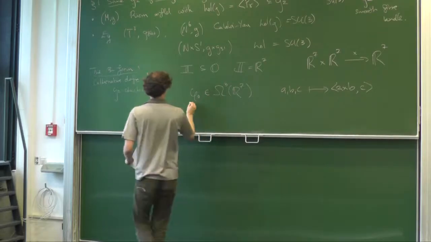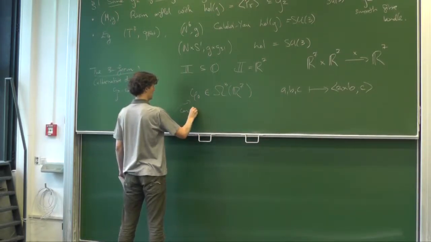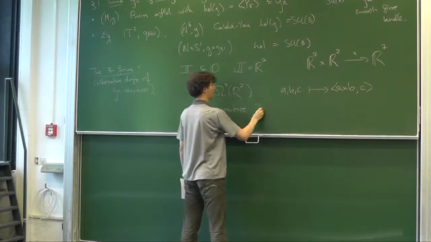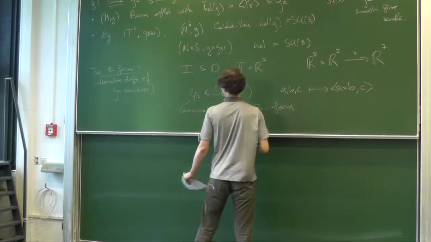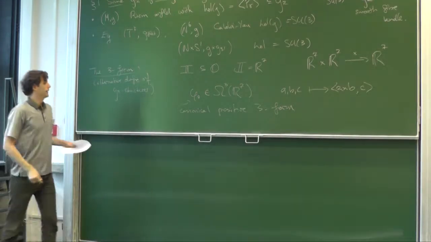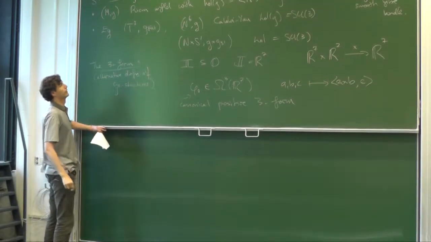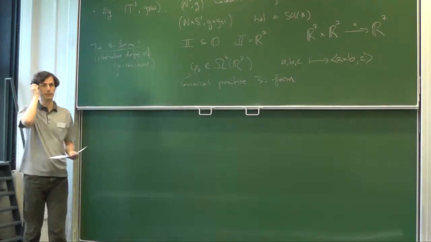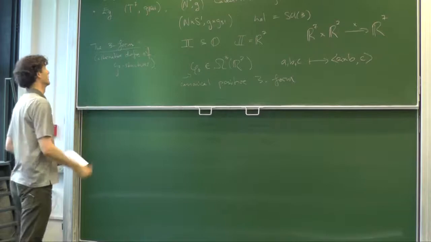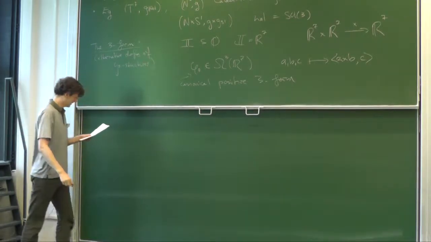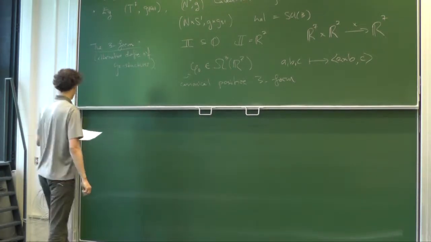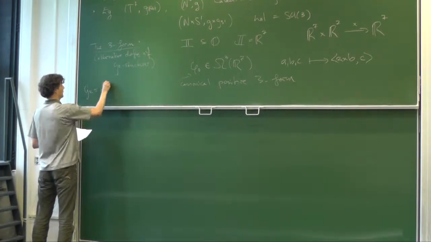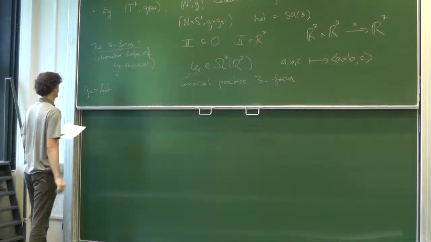So this guy here is called the canonical positive 3-form. And here is another amazing fact, which I think I can just put in here. If you actually look at the automorphism group of this 3-form inside of all of GL(7), that is actually another characterization of G2. So this is the stabilizer.